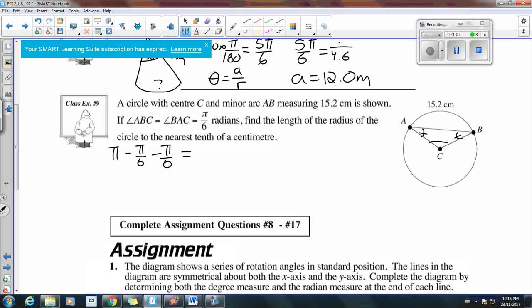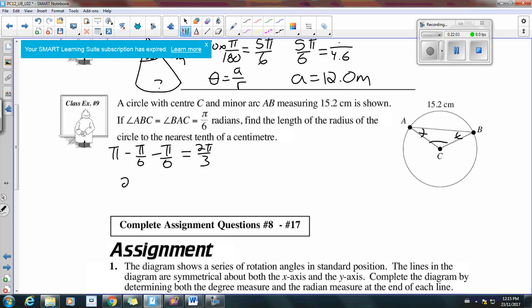So I'm going to take pi, I'm going to subtract off my two angles of pi over 6, and I'm going to find out that that center angle is 2 pi over 3. If it is easier for you, you can change these things to degrees. So pi over 6 radians, that's 30 degrees. 180 minus 30 is going to give us our central angle, and you can change it back to radians to use in the formula. That's up to you.